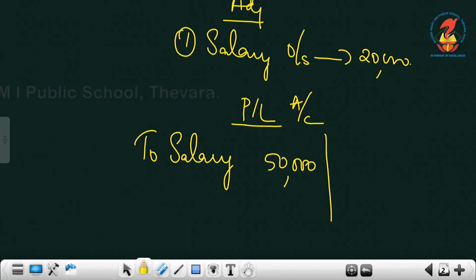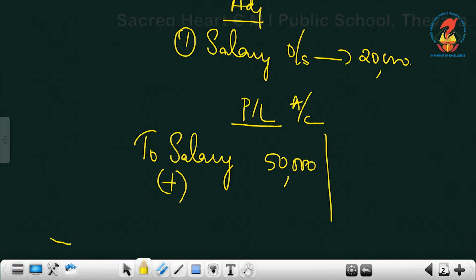This 20,000 is a payable amount by your firm, so that amount should be added with this. Understood? 50,000 you have already paid. Along with that you are supposed to pay 20,000 more. So altogether the salary which you have to pay is 70,000 for that particular year.